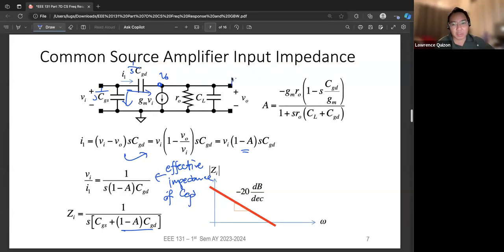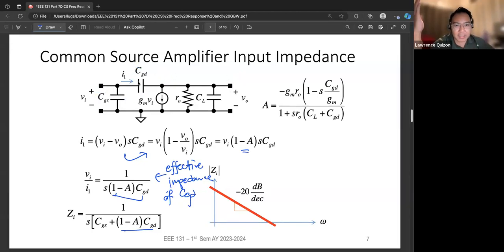With the contribution of V_out, it effectively becomes s times (1 minus A) times CGD. So we basically increased CGD. It's really just a roundabout way of saying the Miller effect again, no?